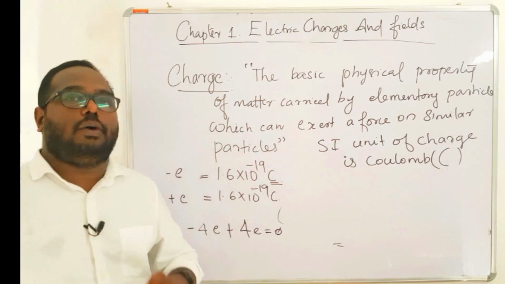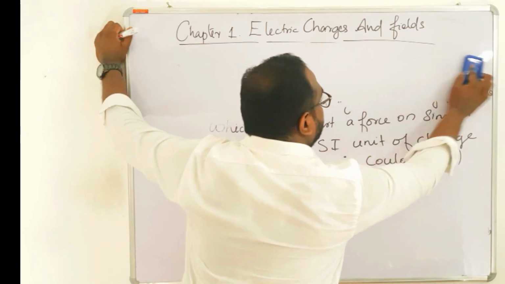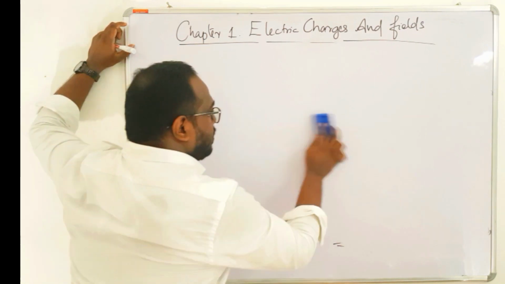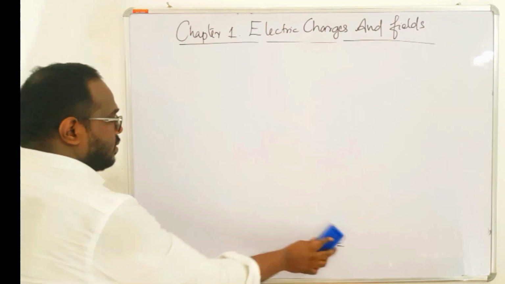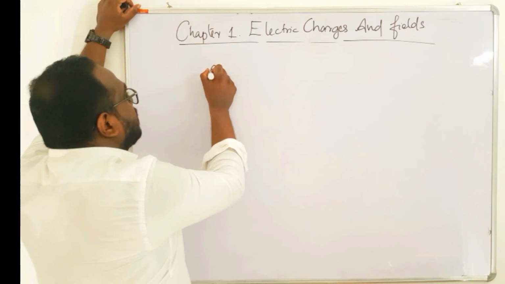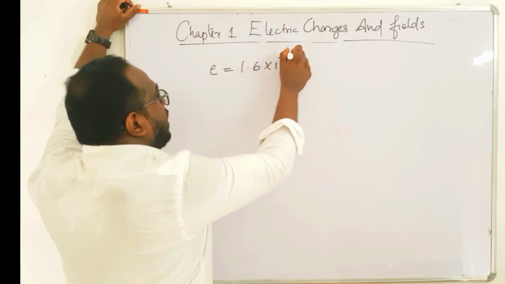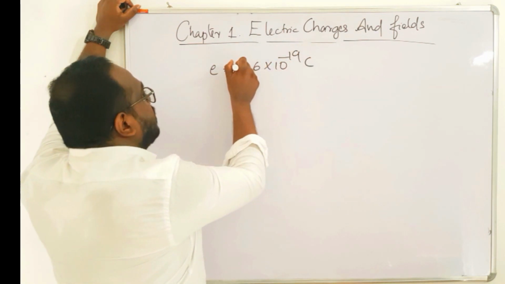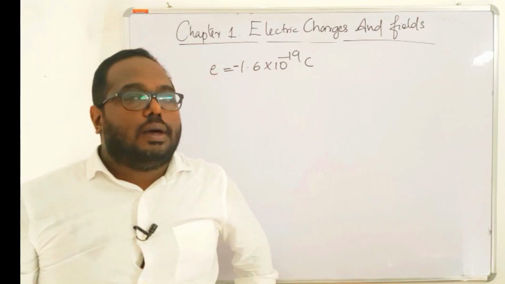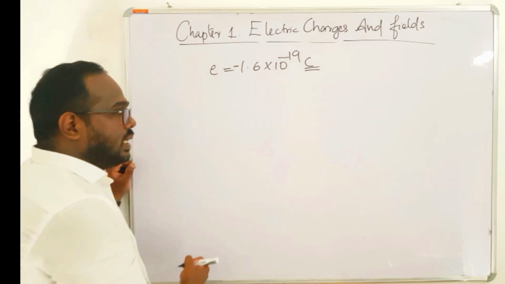Magnitudes are the same for both. So, the charge of an electron is equal to minus 1.6 into 10 raised to minus 19 coulomb. So we'll examine this, the coulomb SI unit, okay?